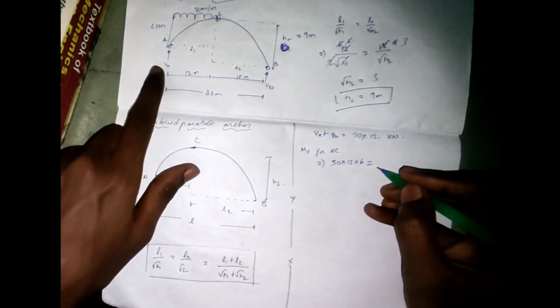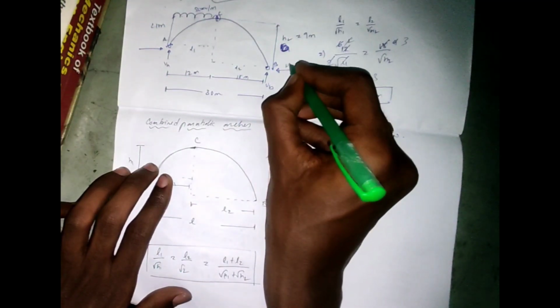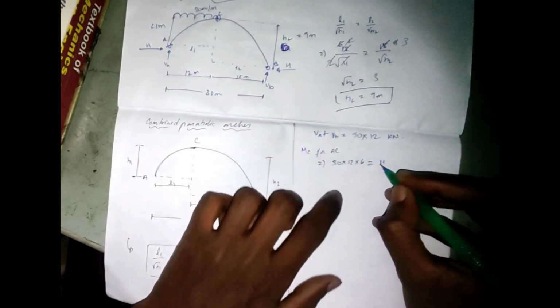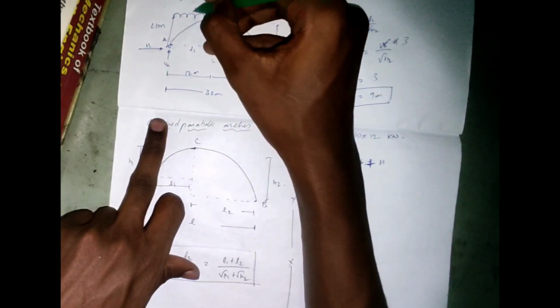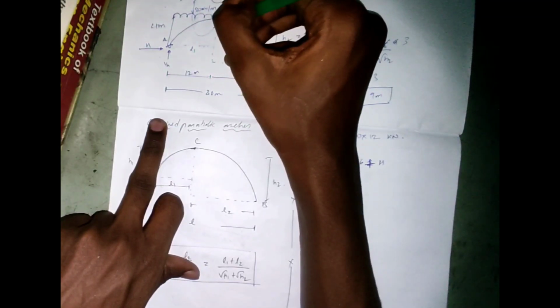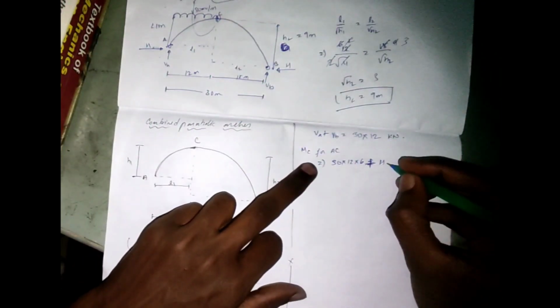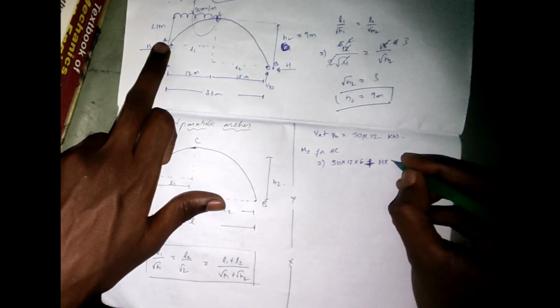It will be equal to H. These are H, this will go like this, so H into this height is 4.